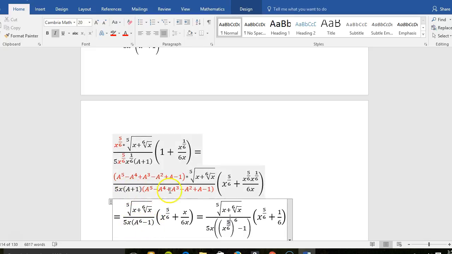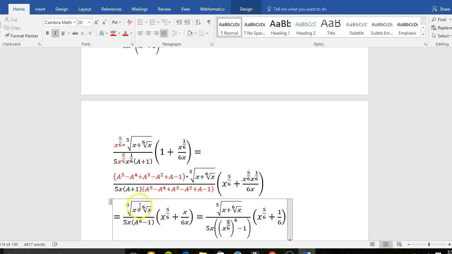A plus 1 times all this big alternating fifth order jalopy in terms of A. If I multiply this jalopy in red here by A plus 1, I get A to the 6 minus 1. So there's that. Now, notice, that's good. You're like, well, what was the purpose of that? You'll see in a minute.